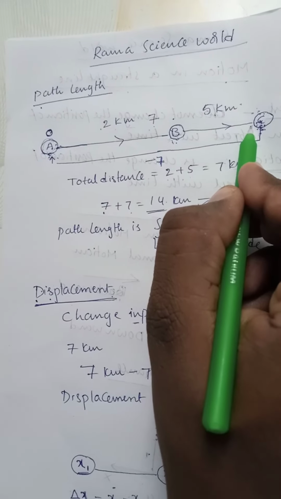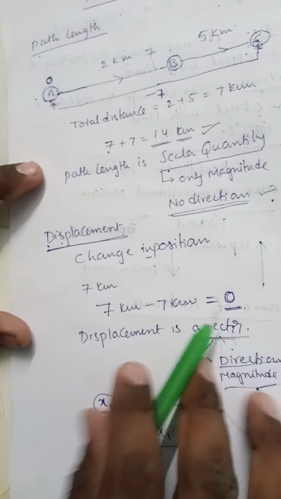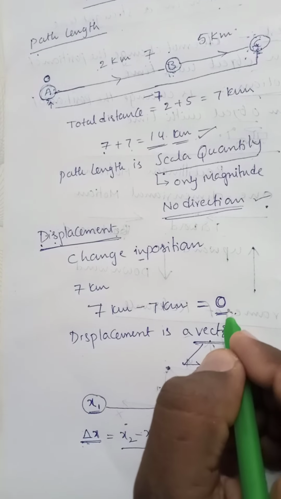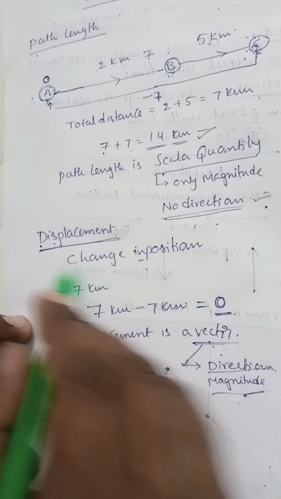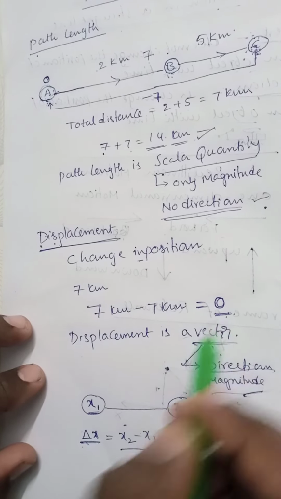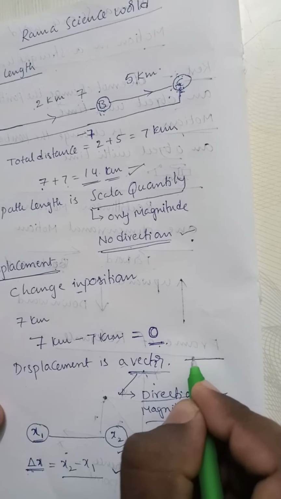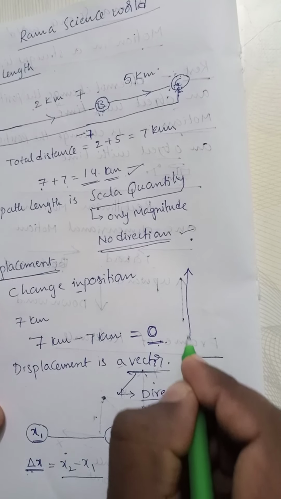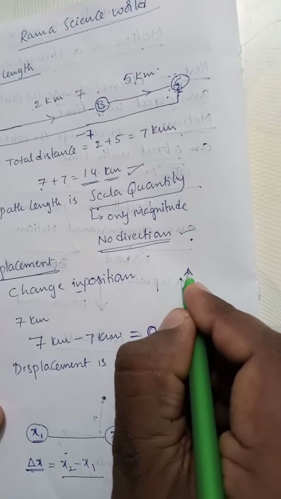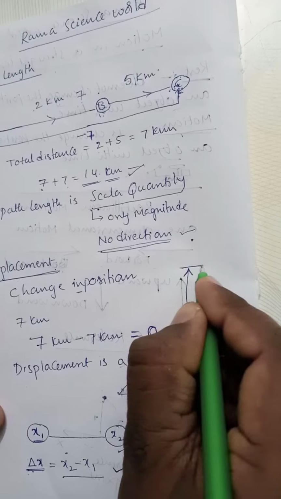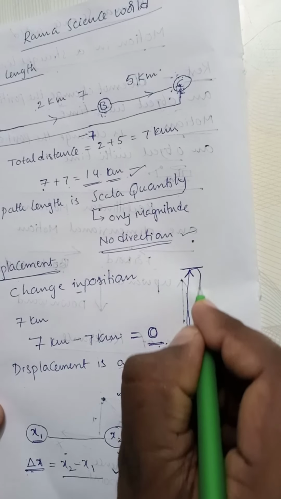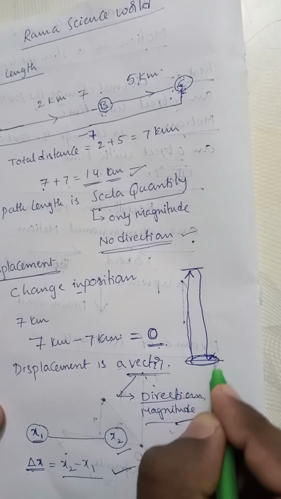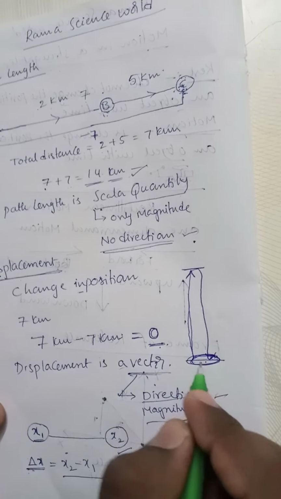Okay, next point: path length may not be 0 but displacement is 0. If you throw a ball in the upward direction, the ball reaches the maximum highest point and returns to the original state. In this case, there is no change in the position.